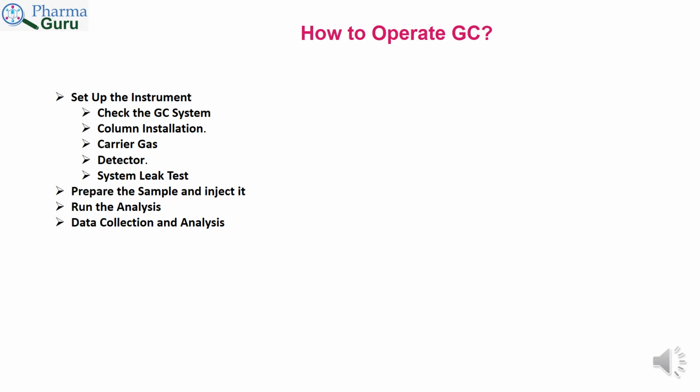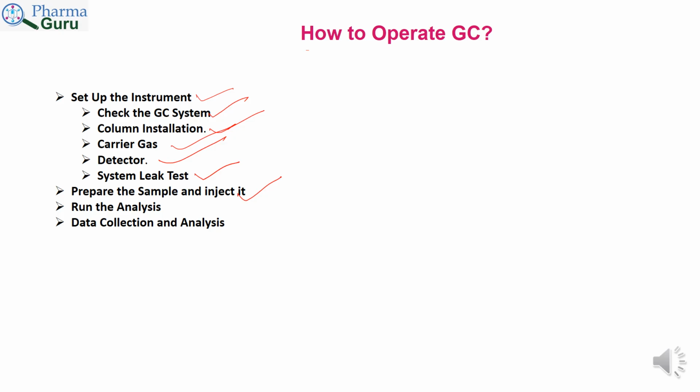How to operate GC? Following points must be kept in mind while operating GC. You have to set up the instrument like check the GC system, install the column, carrier gas, detector, system leak test using soap solution. You have to prepare diluent, QL solution, DL solution, SST solution, standard solution and sample solution.